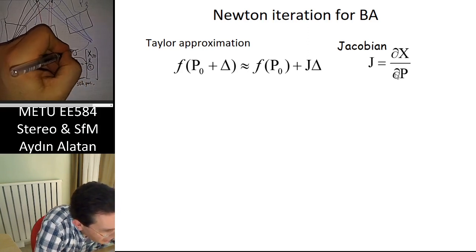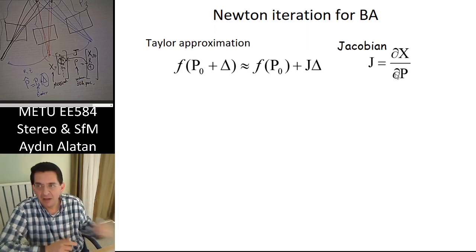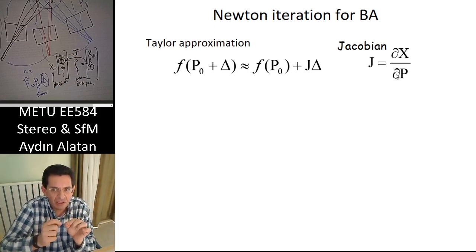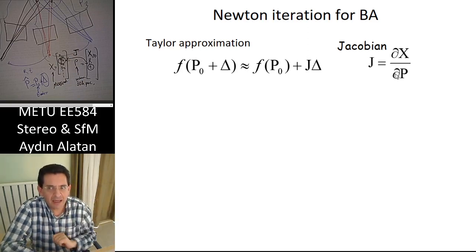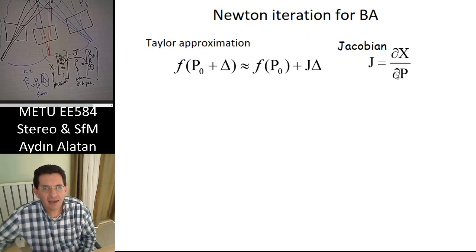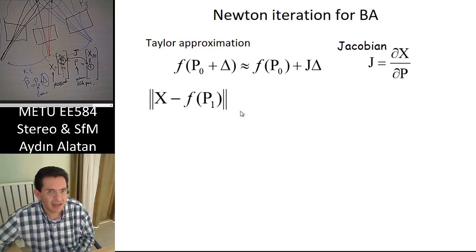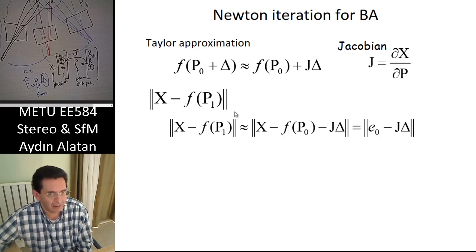The Jacobian says: play with the second translation value, and your second point projection will be affected this much. This is a standard Taylor series, and P1 is your next estimate, P0 plus delta.